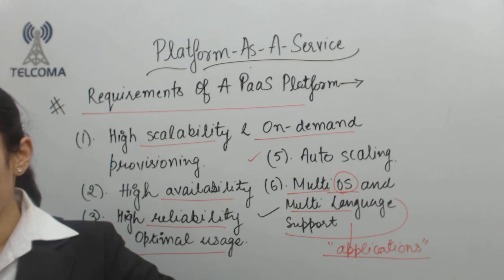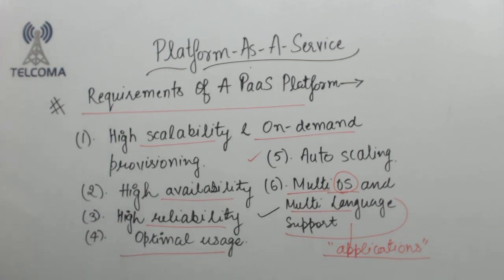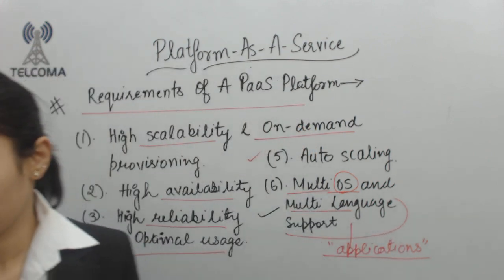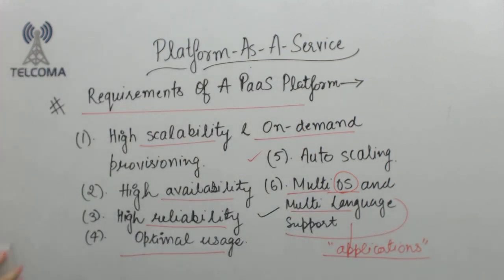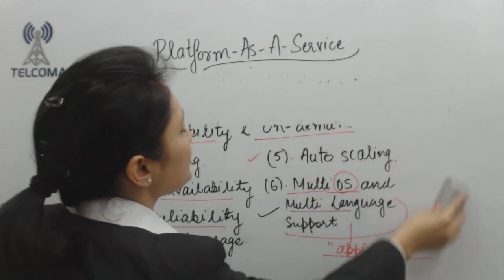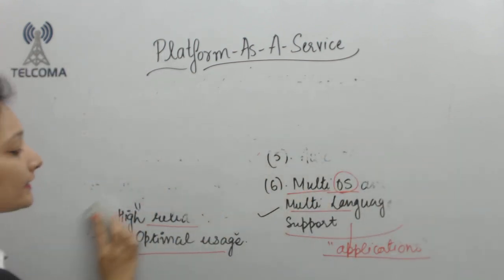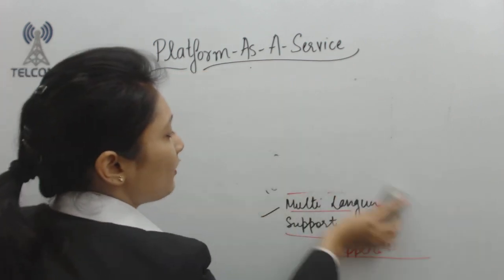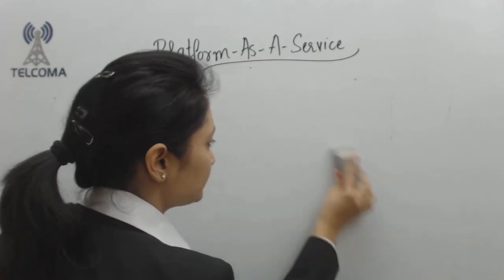Now next we have the reference architecture, or we can say the architecture for your custom platform as a service. So next we will see the architecture for your platform as a service.